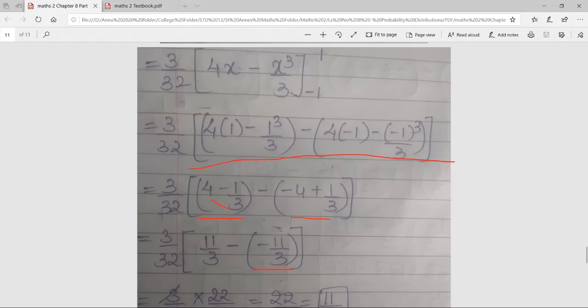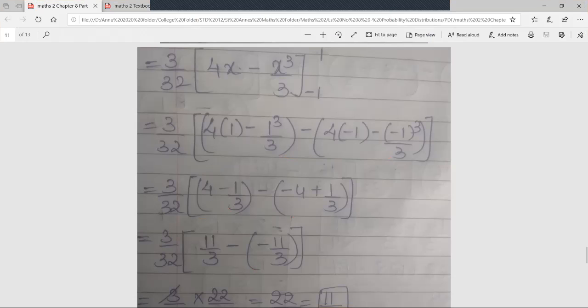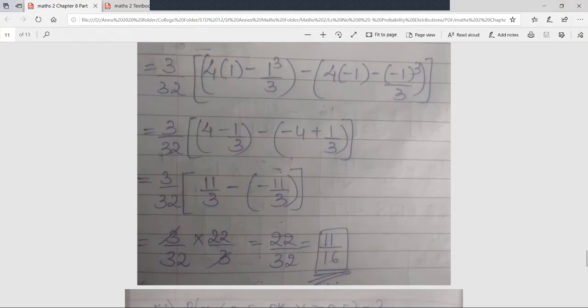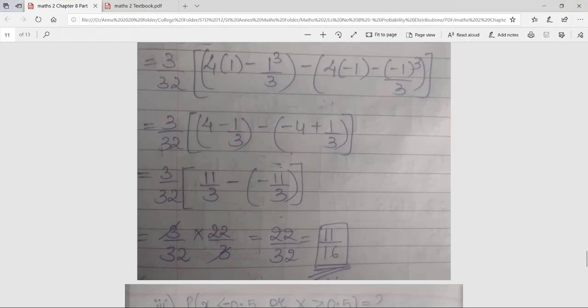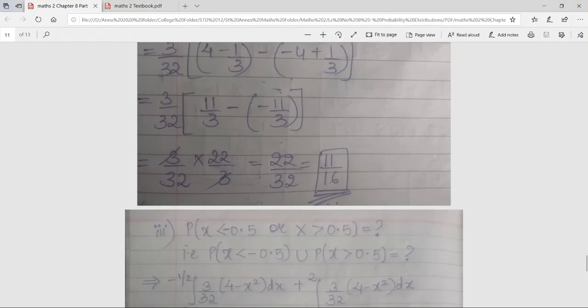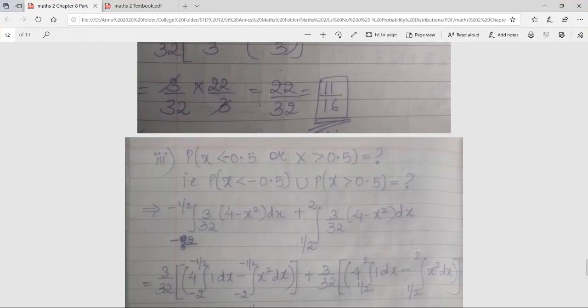So minus into minus plus. So 11 upon 3 plus 11 upon 3 gives you 22 by 3. On multiplying it by 3 upon 32, 3 gets cancelled. So you are left with 22 upon 32. On cancelling by 2, 2 11s are 22 and 2 16s are 32 is what you get. So your final answer is 11 upon 16.